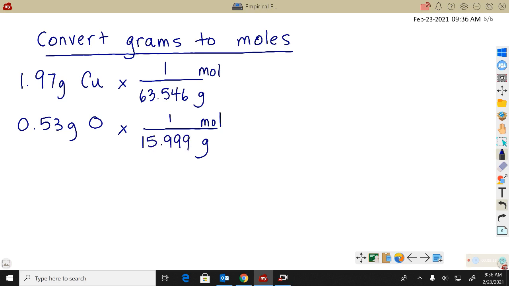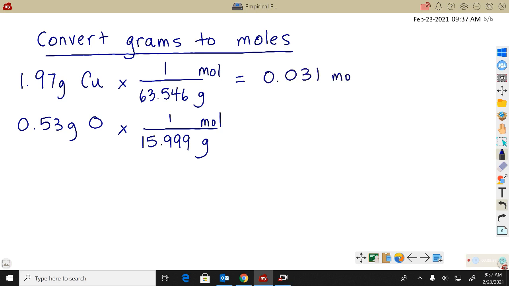All right, so for each, we'll just divide. 1.97 divided by 63.546. When you get to this point, you're probably going to have some wacky numbers. I would suggest leaving a few decimal spots, maybe at least 2 or 3. Here, I think I'm going to go 0.031.